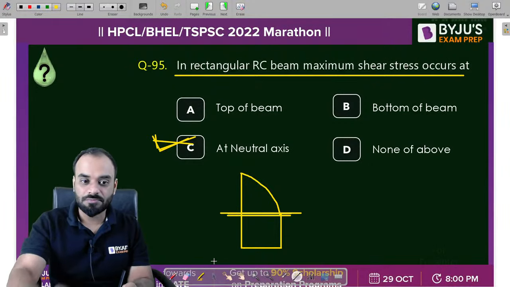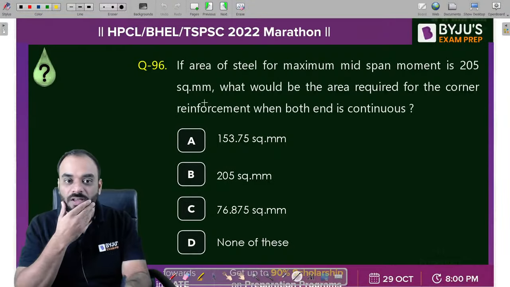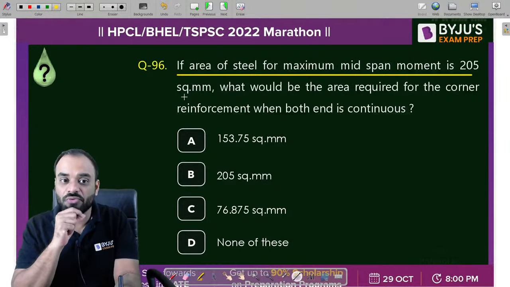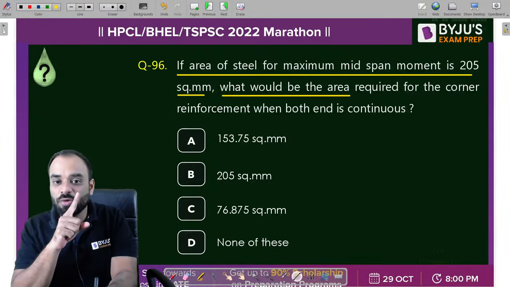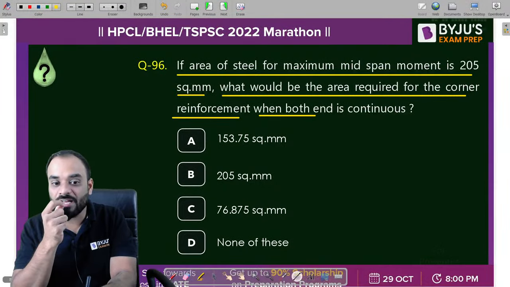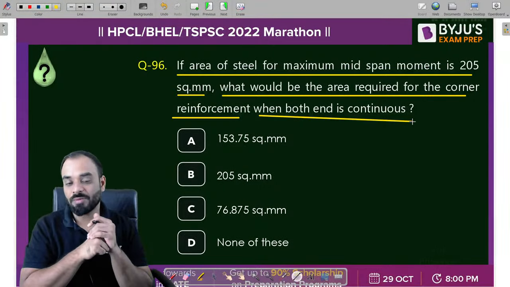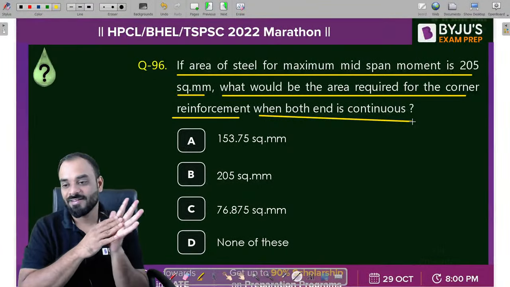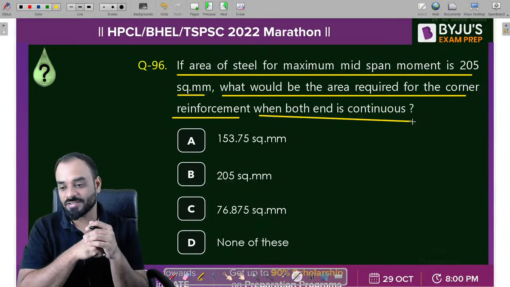Next question. If the area for maximum midspan moment is 205 mm square, what would be the area required for corner reinforcement when both ends are continuous?